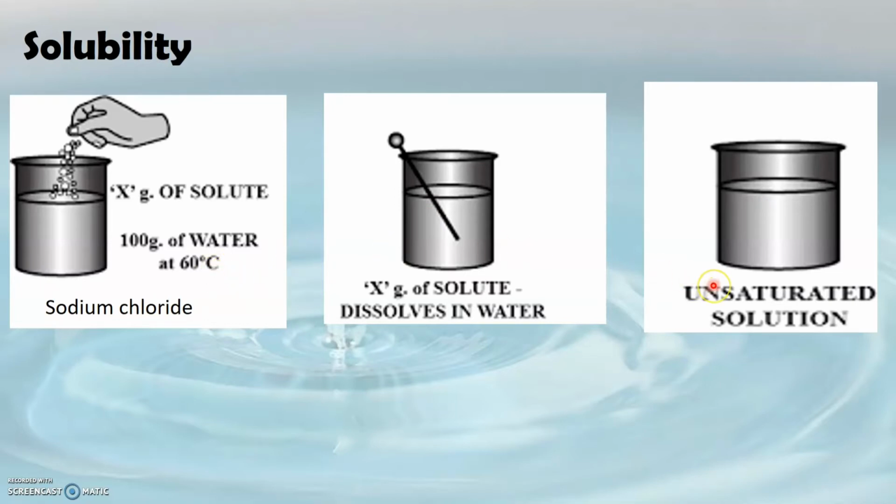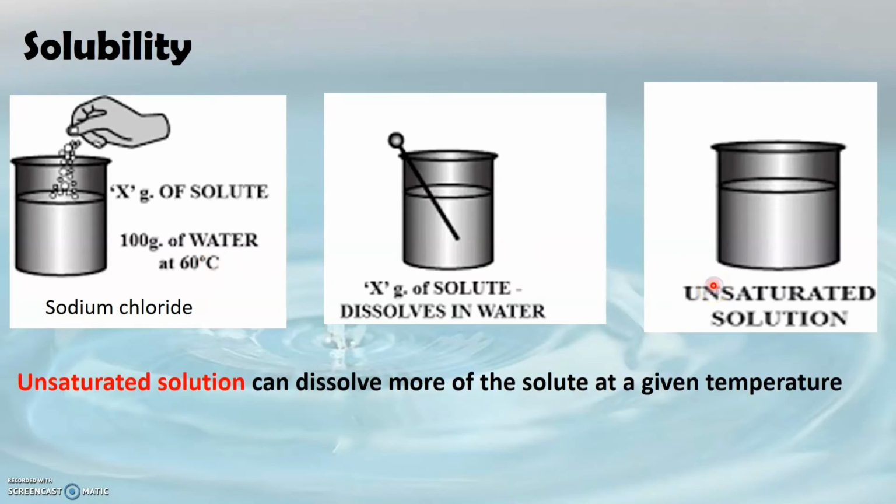So what is an unsaturated solution? An unsaturated solution can dissolve more of the solute at a given temperature. Initially, to 100 grams of water, which is the solvent, we added X grams of solute, that is sodium chloride.